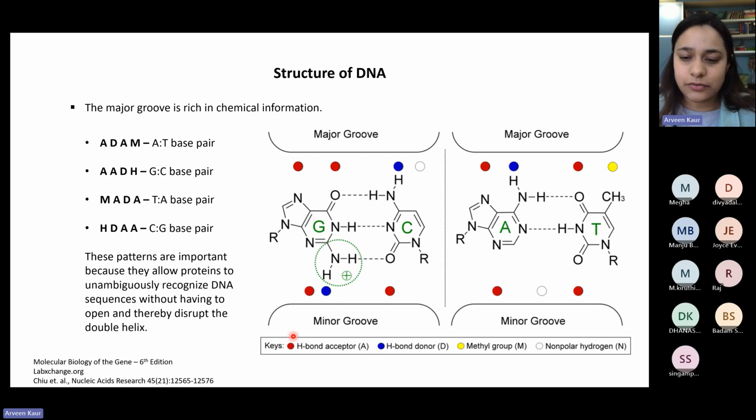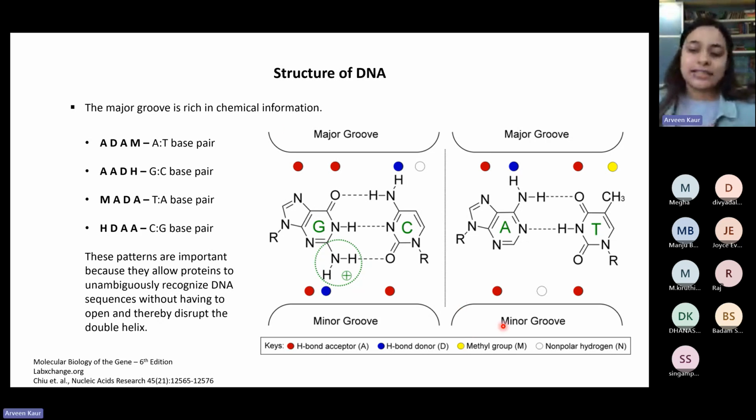So in case of minor groove also, there is some information that could be gathered, whether AT is present over here or GC is present over here, right? We can't determine whether it is GC or CG, or whether it is AT or TA. That can't be determined.